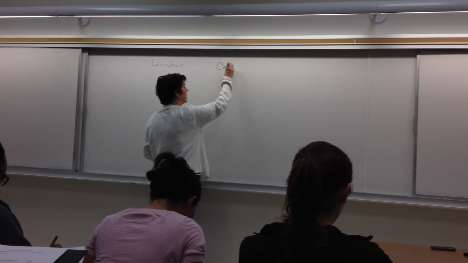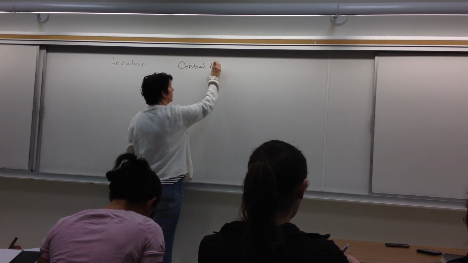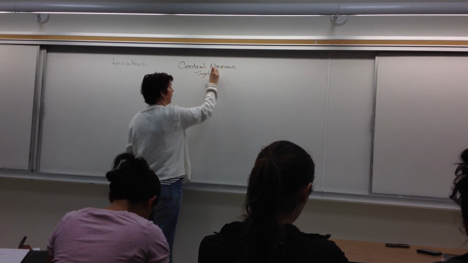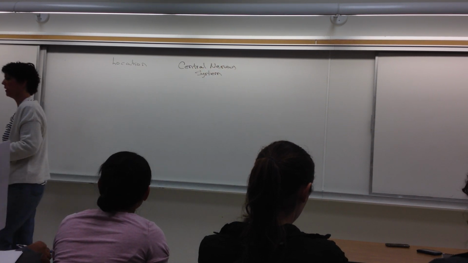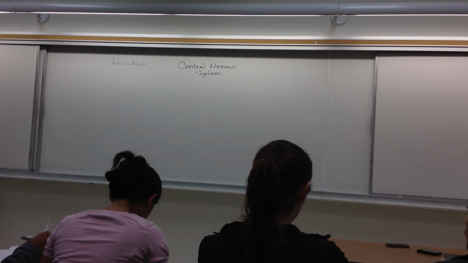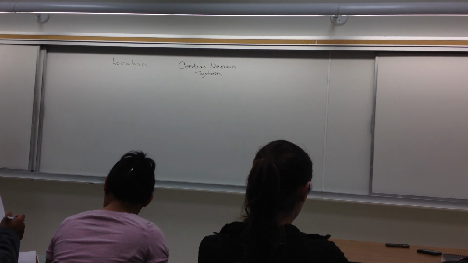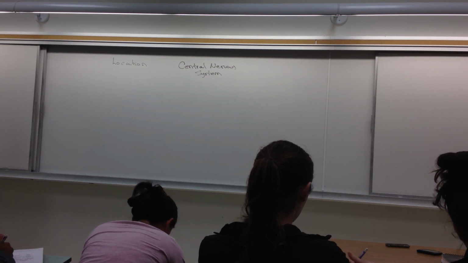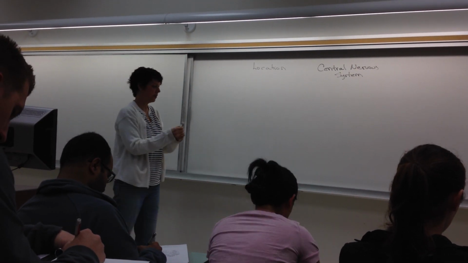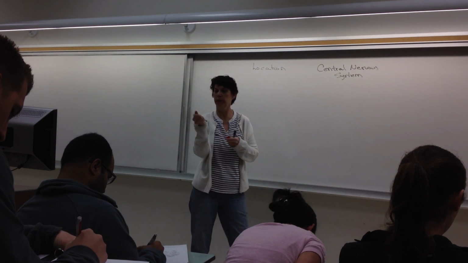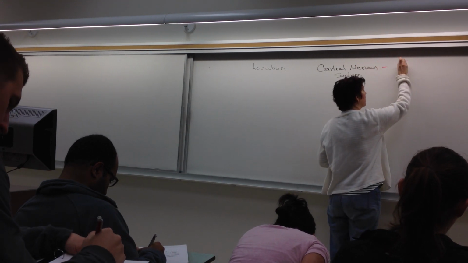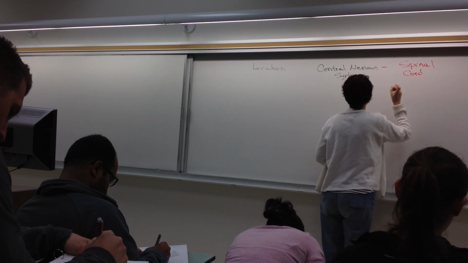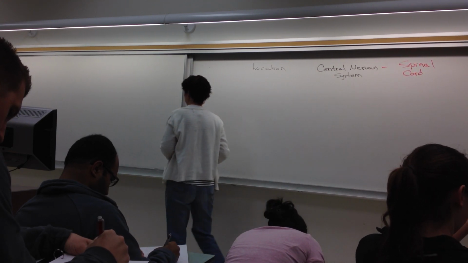The central nervous system refers to that part of the nervous system which is enclosed within a bony compartment. Remember we talked about the dorsal cavity at the beginning of the semester? So the central nervous system is going to include the spinal cord and brain.